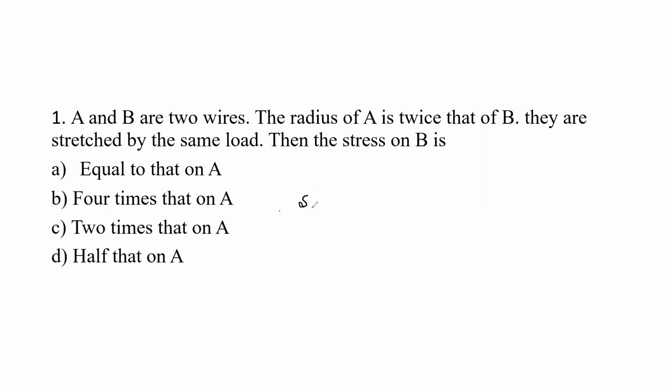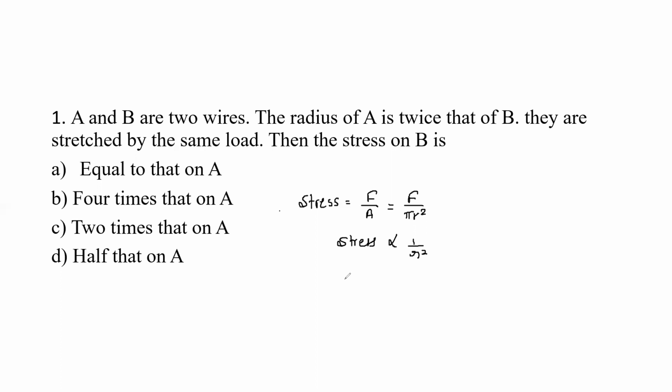Let us see that. We have the formula, stress is equal to force per unit area. This is nothing but force divided by area, and area can be written as pi r square. Therefore, stress is inversely proportional to r square.